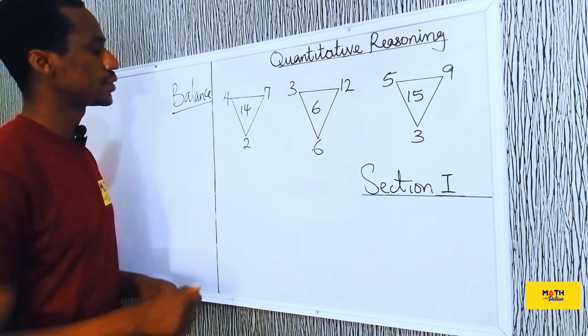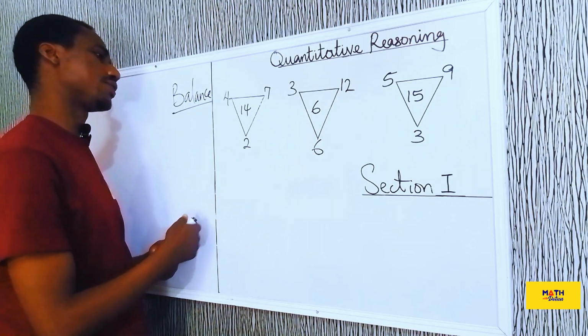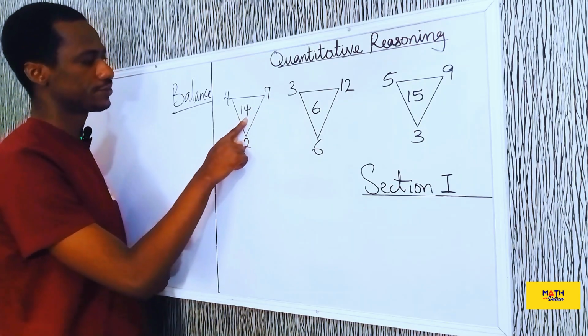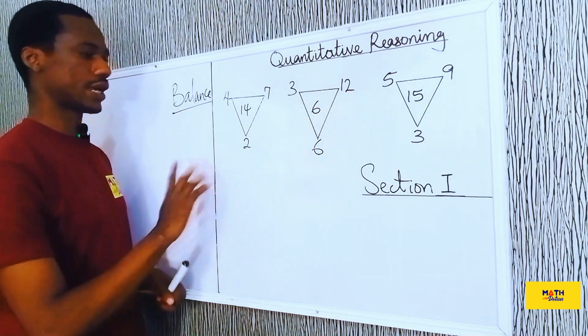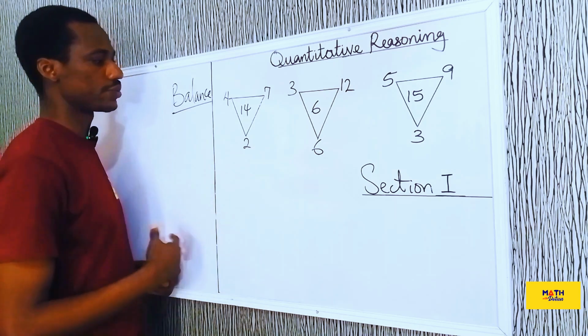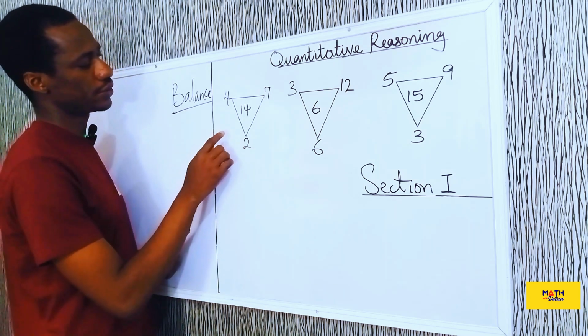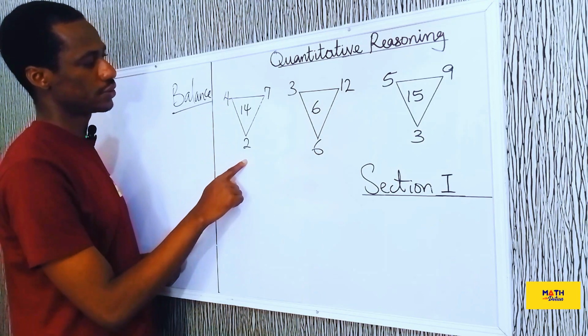Okay, so let's look at this. 4, 7, 14. I know 2 times 7 is 14. 6 times 12 is not 6, so that's off, right? Always confirm with the other samples. So how can I pair this? Okay, maybe this and this.